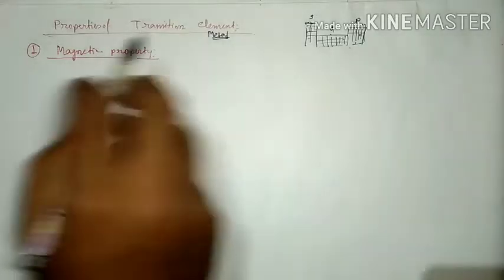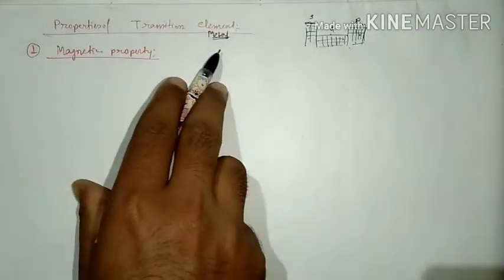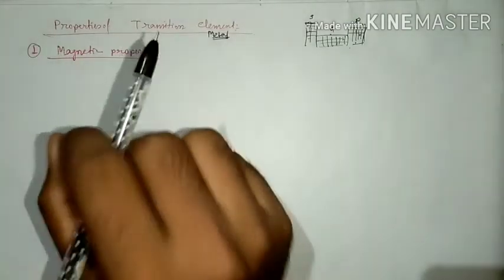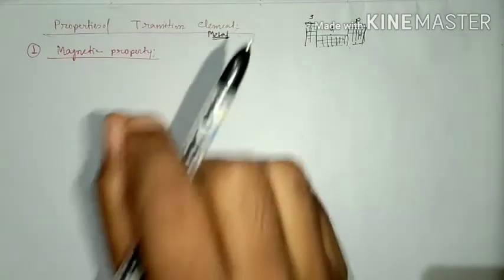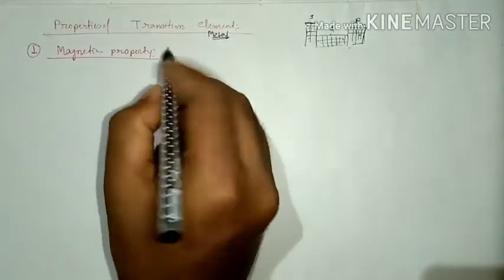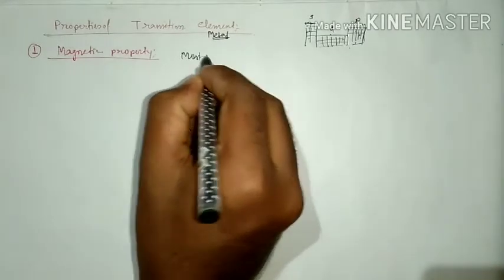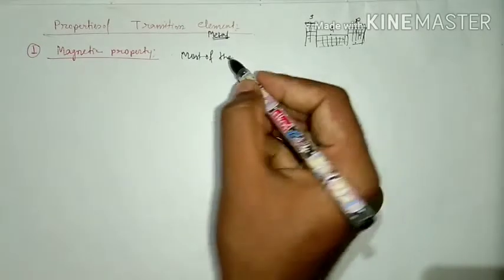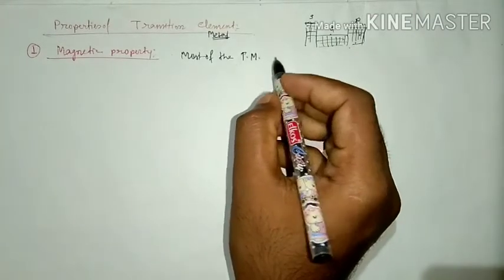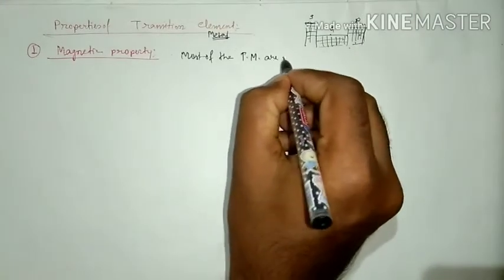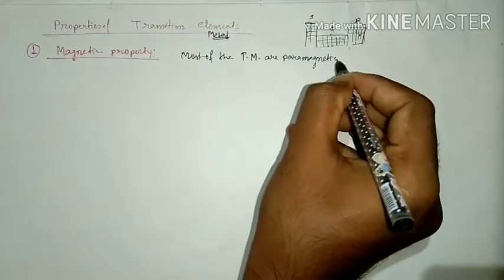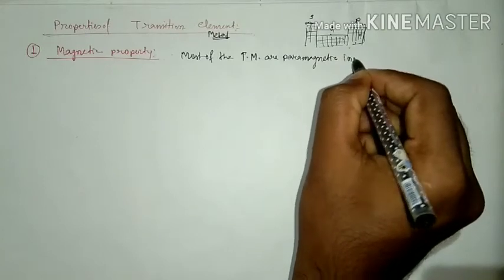Okay, now see, first property of transition metal is the magnetic property. See, most of the transition metals, TM, are paramagnetic in nature.